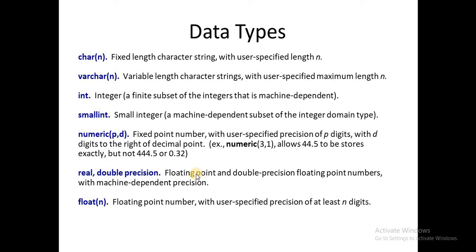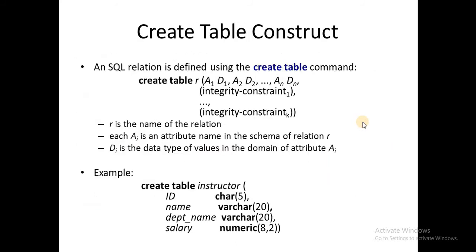If you want to store big fraction numbers, you can choose double as a data type. Suppose you want to store any string type data, you can choose either char or varchar. So these are the available data types in MySQL environment.